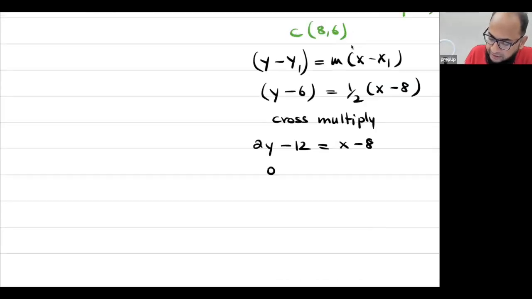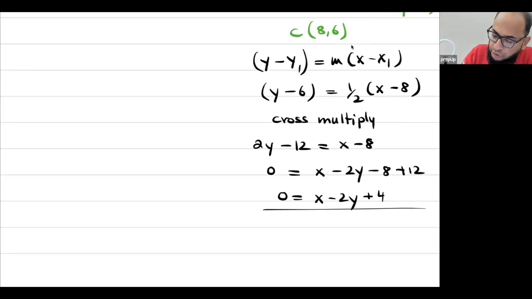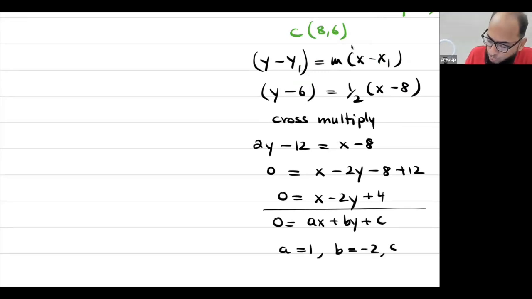And write a 0 over here. This is x minus 2y minus 8 plus 12, which is positive 4, equal to 0. So that is of the form ax plus by plus c equals 0. What is a? 1. What is b? Negative 2. What is c?